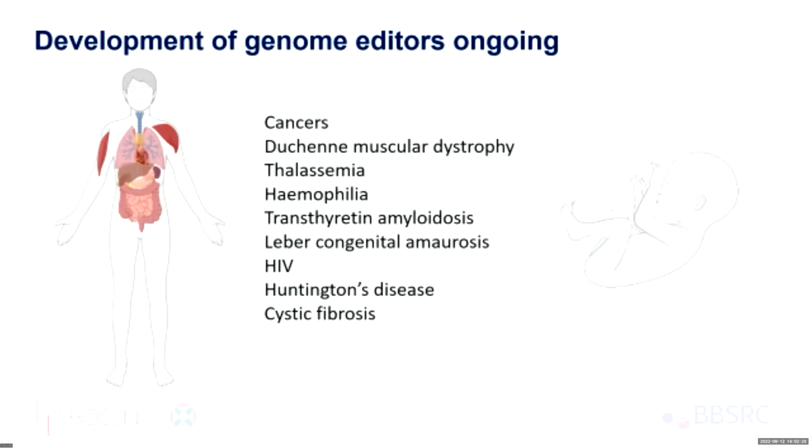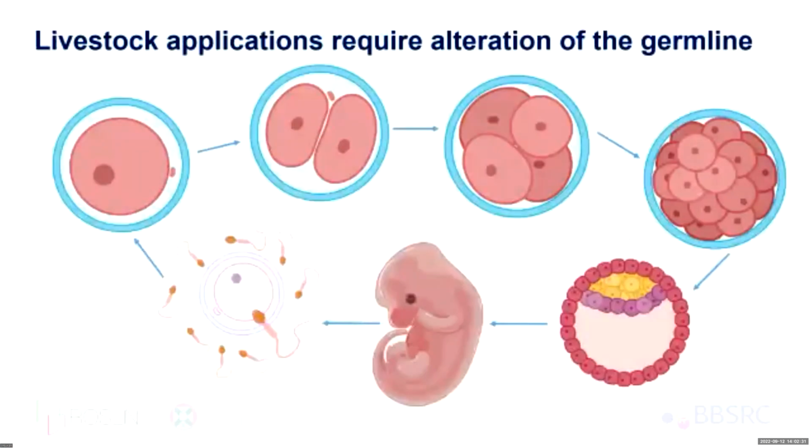I have no particular interest in changing a gene in the muscle of an individual pig. I want to change the gene here, right? We want to change the gene in the single cell zygote most often, because by the time you get to this little thing here, the germ cell niche is already occupied.